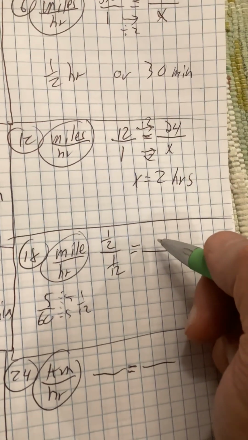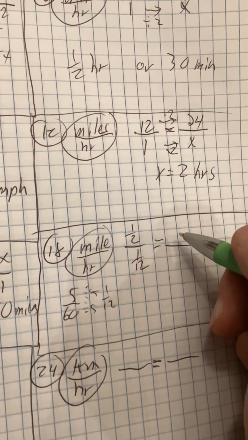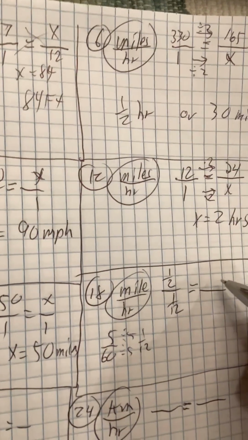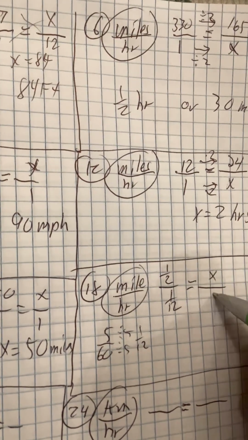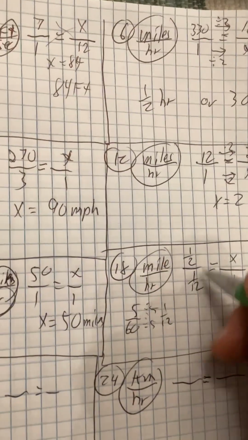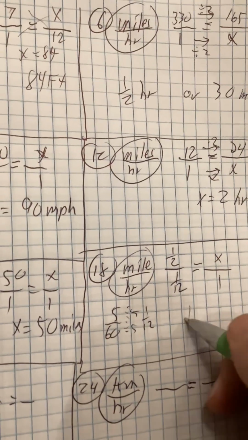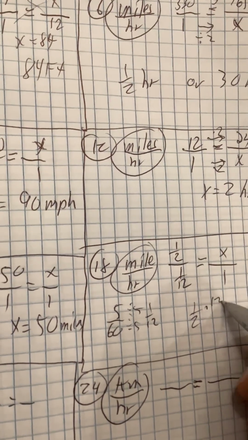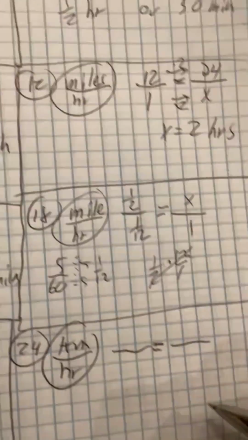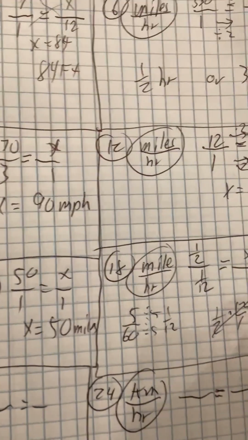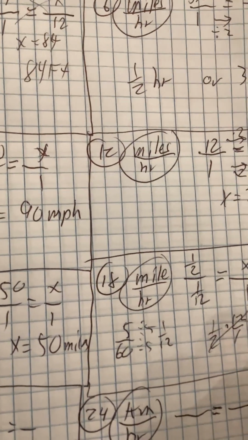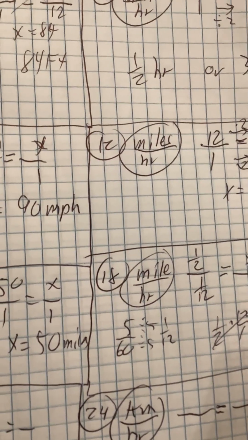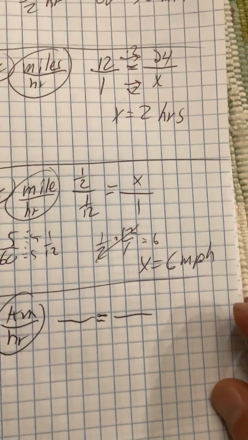So I'm trying to find my rate, which is just going to be miles per hour, right? So I'm just dividing. It's 1/2 divided by 1/12 is 1/2 times 12 over 1. 12 divided by 2 is 6. That equals 6, so x equals 6 miles per hour. That's going to be my average speed.